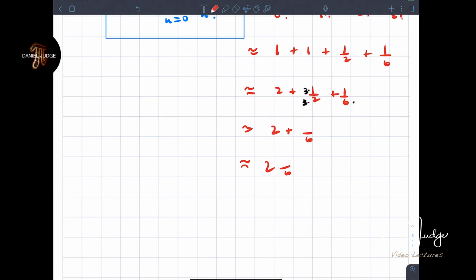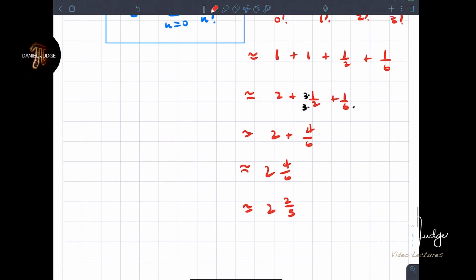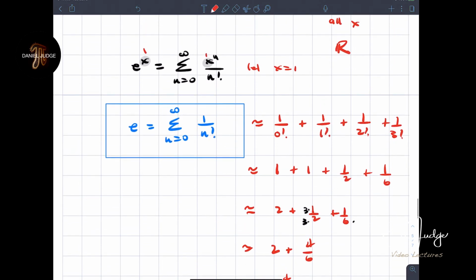And 4/6 is actually 2/3. So e is approximately 2 and 2/3. And it's a rough approximation, but if you go to include more terms, you're going to get a better approximation. So anyway, this is a definition of e now.